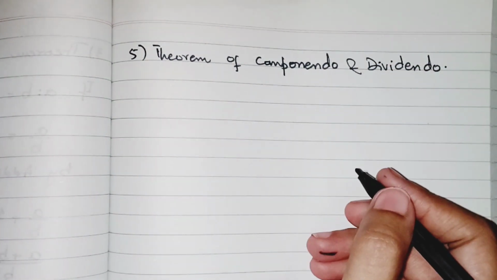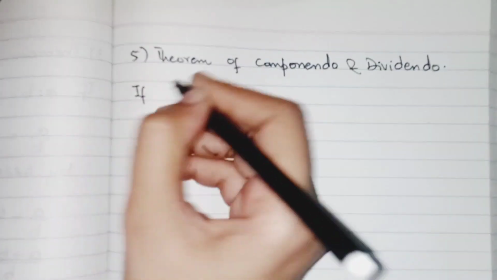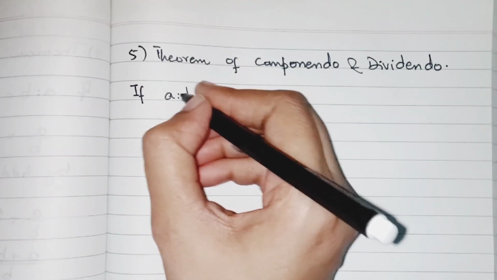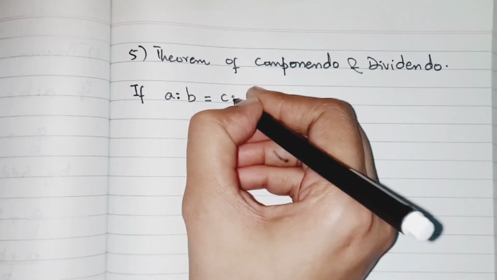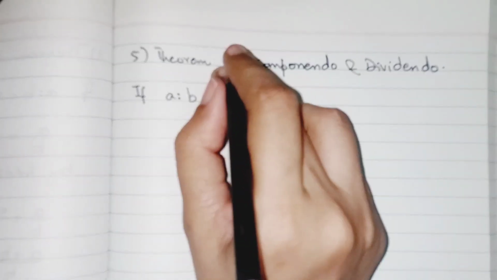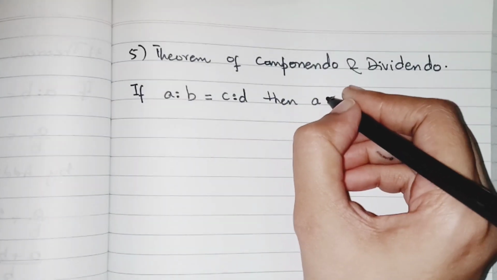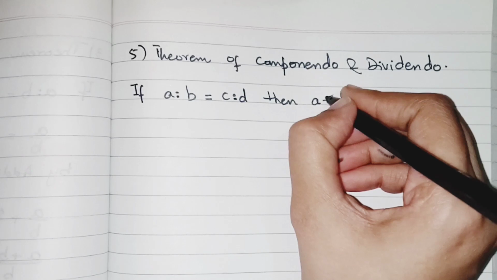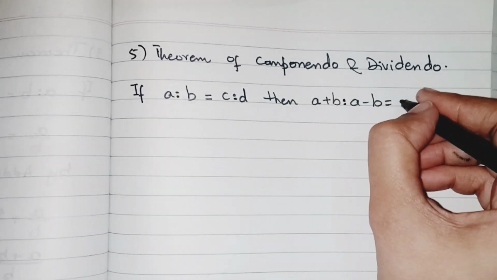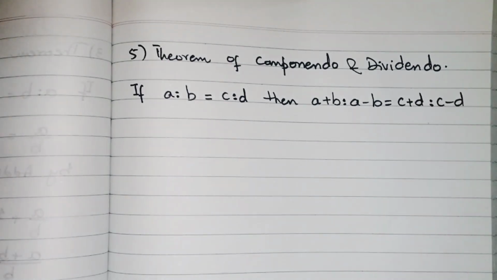According to its statement, we have the general statement of proportion, A ratio B is equal to C ratio D. Then according to the theorem of componendo and dividendo, A plus B ratio A minus B is equal to C plus D ratio C minus D.